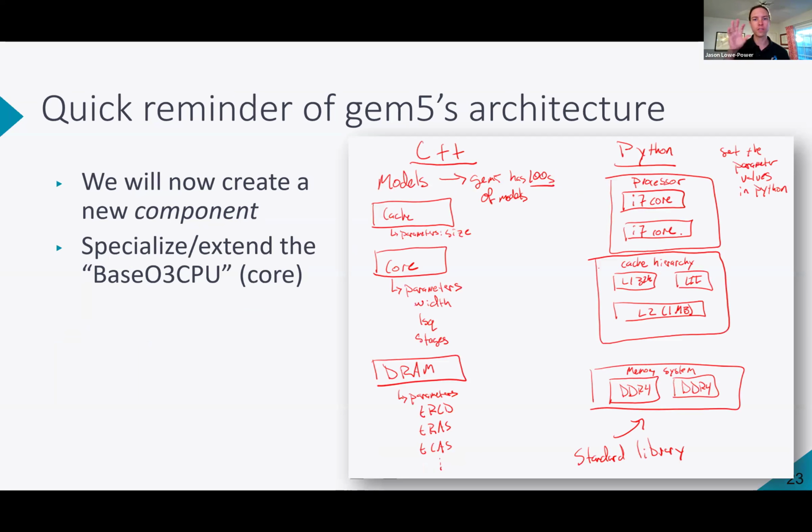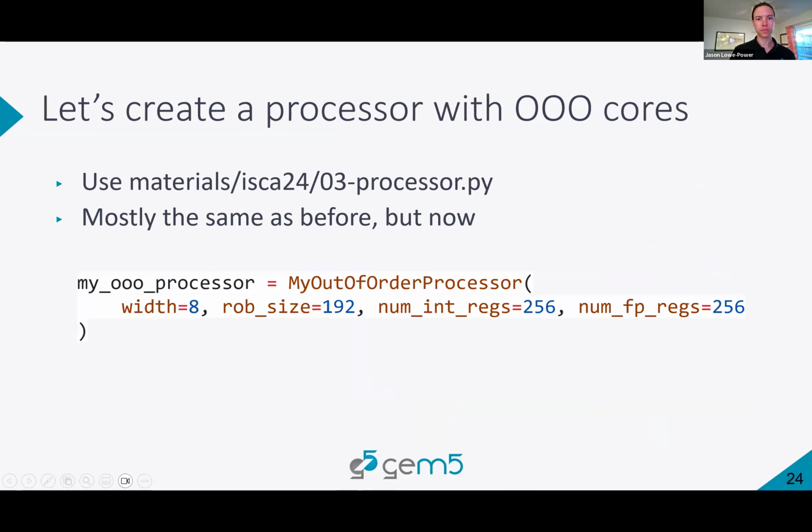So a quick reminder, we have these models in C++, and then the standard library in Python. What we're going to do is create a new component, a new processor, which takes one of the cores, specifically the base O3 CPU, and specifies its parameters. So that's our goal: to create a new processor with some specific parameters on an O3 CPU.